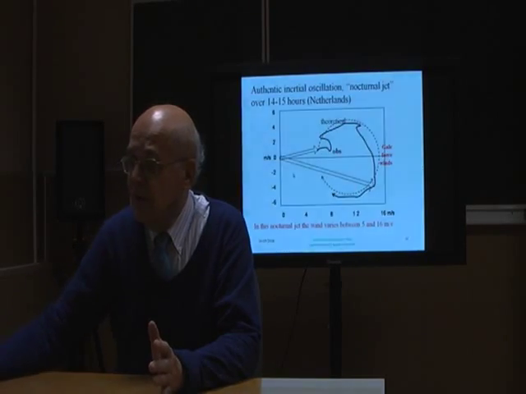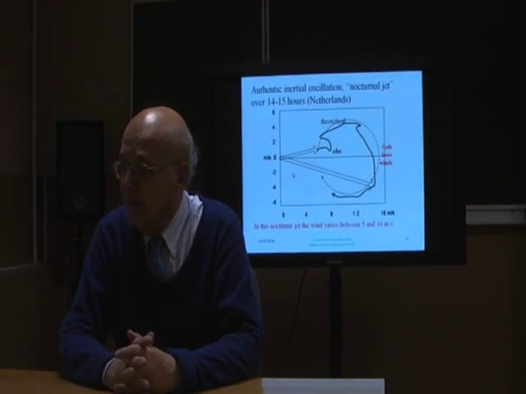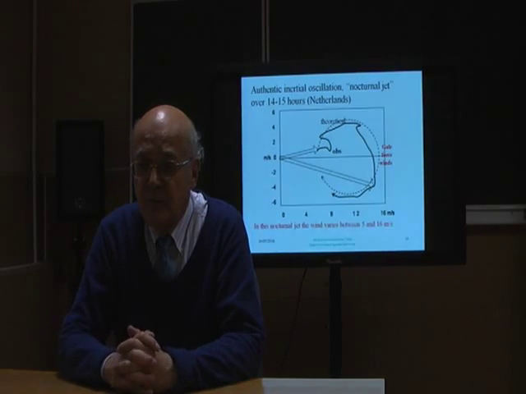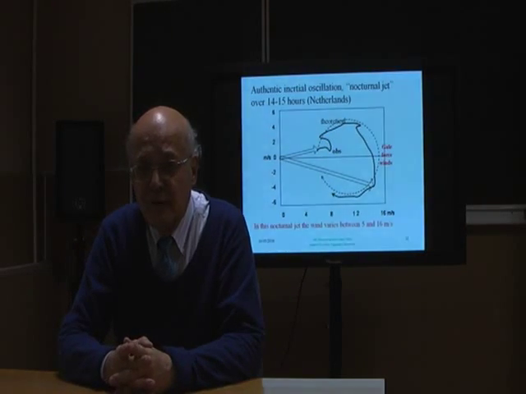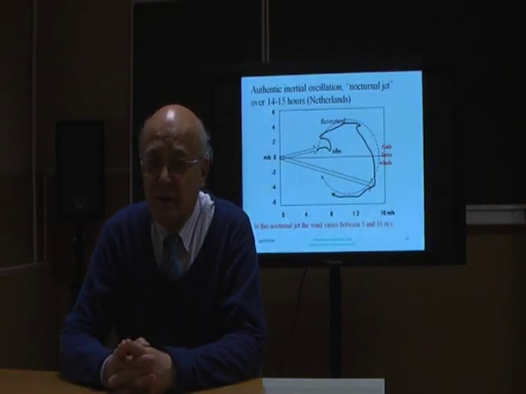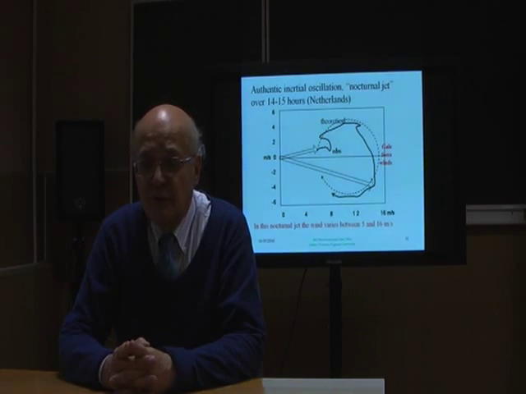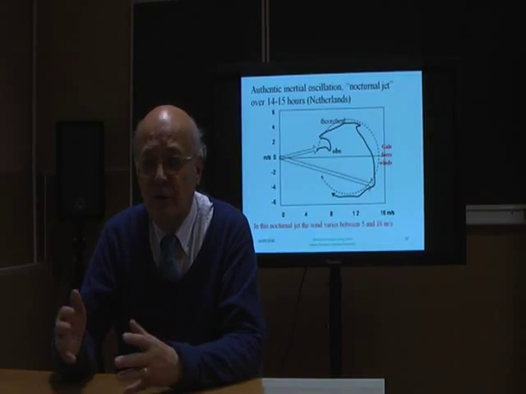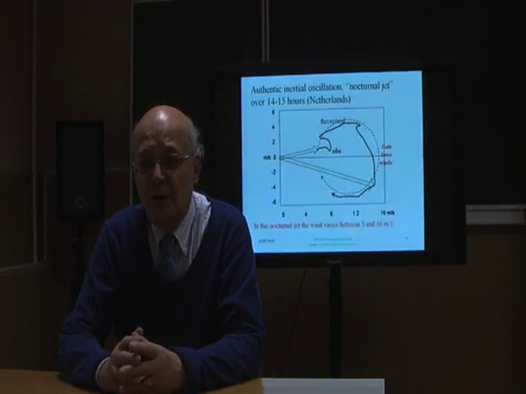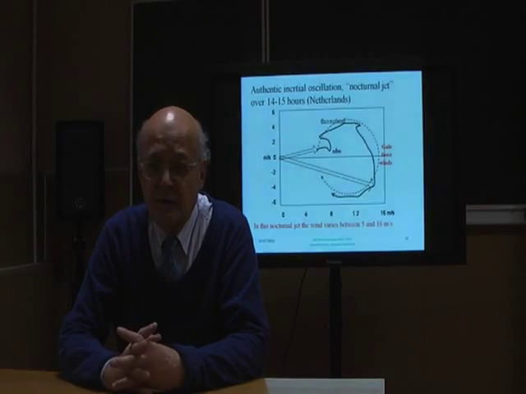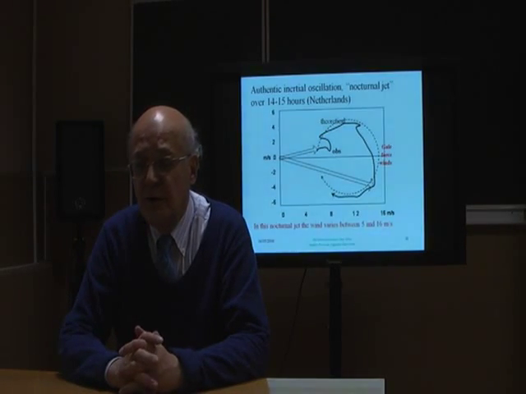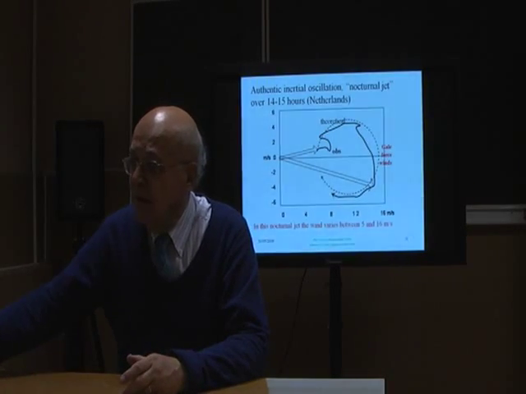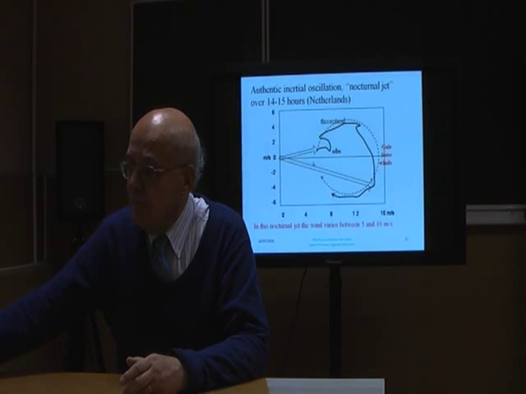And all this can be easily verified, and meteorologists in the Netherlands, in Holland, are quite interested in these nocturnal jets because they can bring in pollution from Belgium and Germany rapidly into Holland. So there are a lot of studies in the Netherlands on nocturnal jet streams. And here is an example where this is a theoretical wind change.